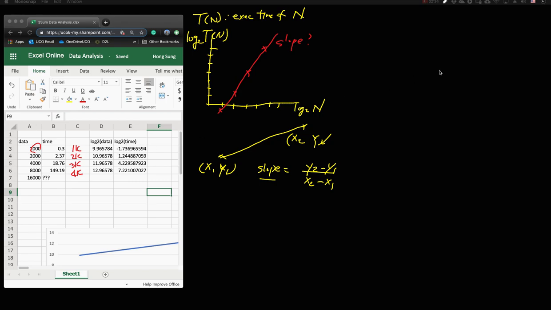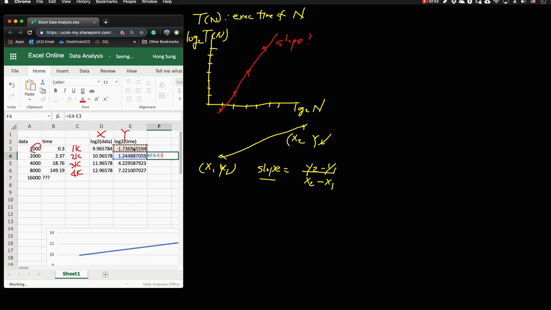So this one is x location, this is y in the graph there. So let's compute the slope. 1K to 2K is y2 minus y1, and 2K to 4K, the slope is y2 minus y1, and similarly y2 minus y1 is a slope.